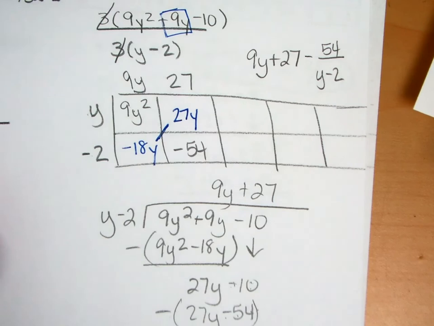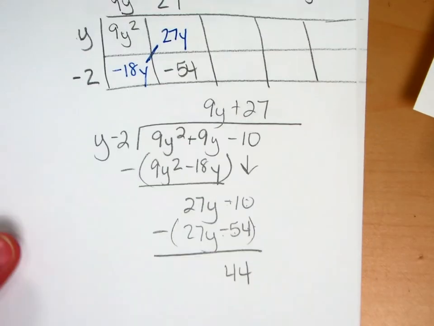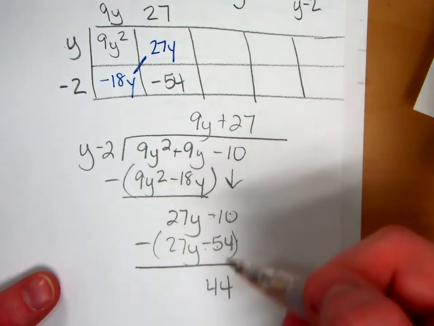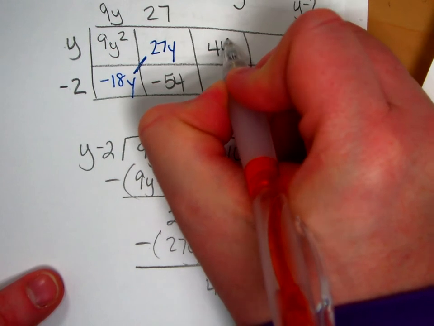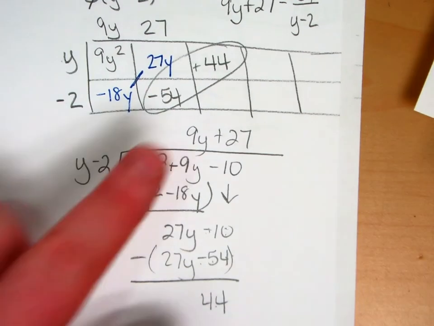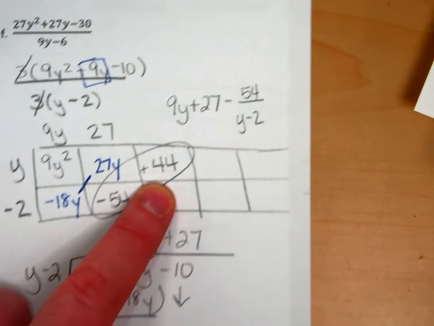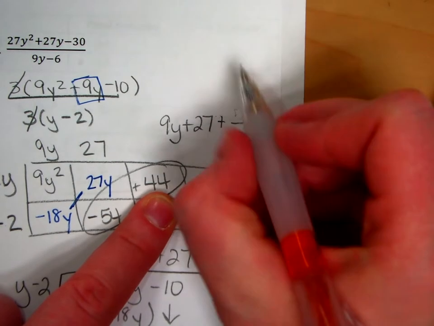So that makes sense. Okay, so that should be 54. This is why I don't like this method. I like it, but I'm not getting it yet. So that's positive 44. Because when I combine those, that gets me negative 10. So then that's my remainder. So this should be a plus 44.